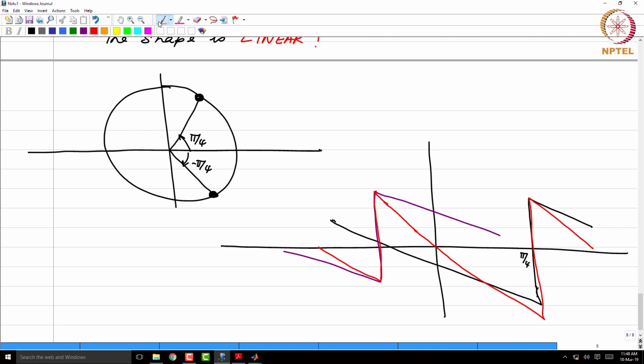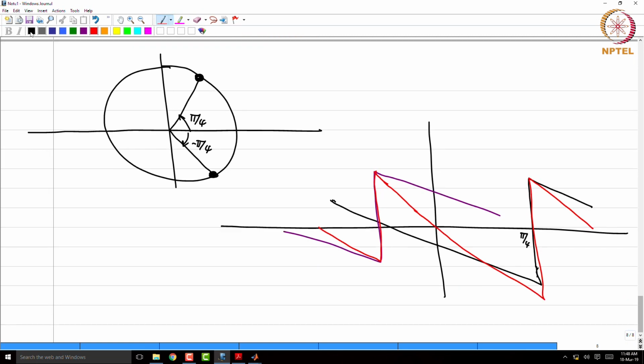Therefore, if you have n zeros on the unit circle, then overall shape will be linear, because they are a result of adding sawtooth waveforms that we saw earlier.